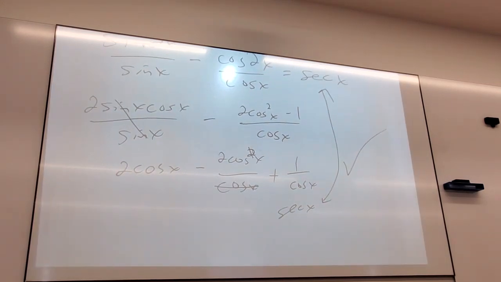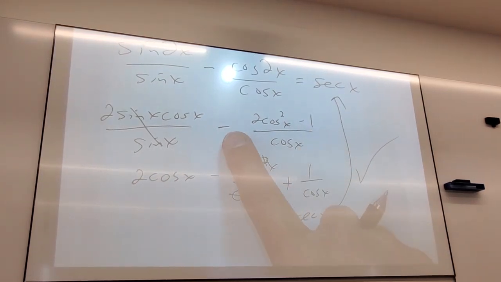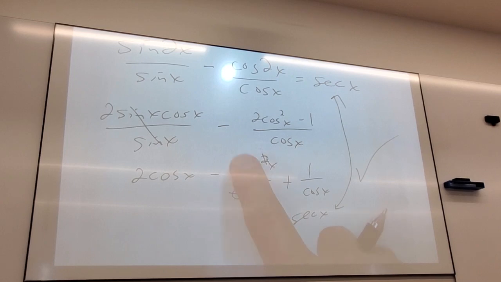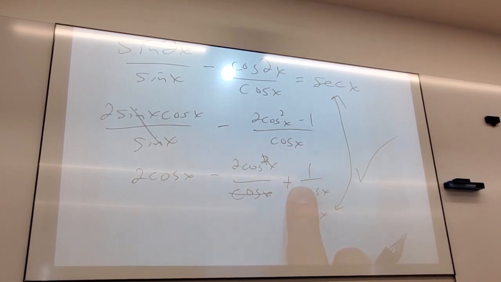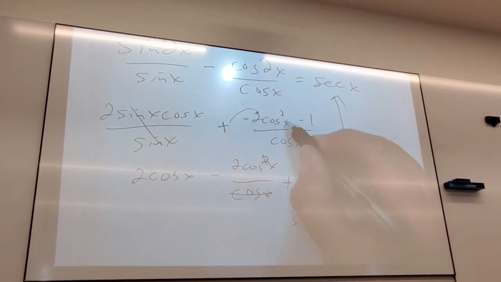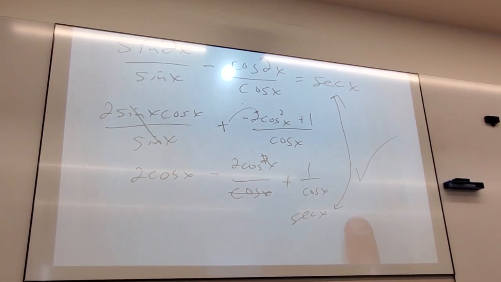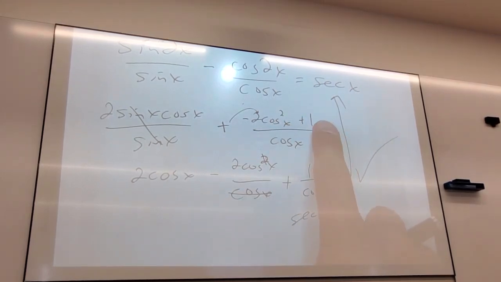Where did the minus 1 go? So I got minus 2 cosine squared x over cosine, minus minus 1, so plus 1 over cosine. So I broke it up into this. One thing you could do for yourself here is change the signs, plus, negative, plus. And then it's just this plus this.